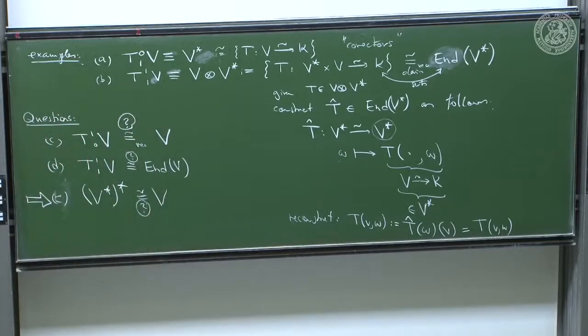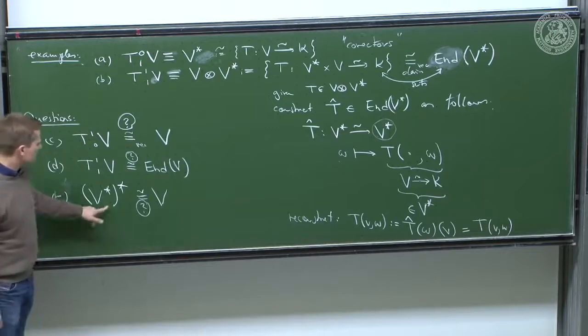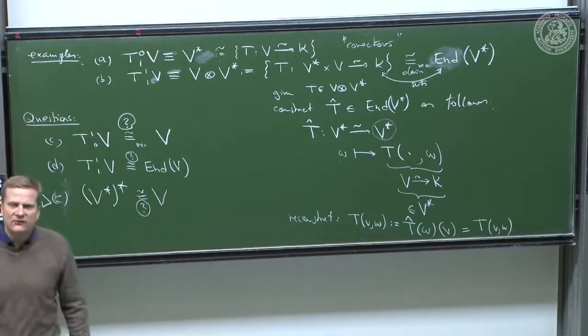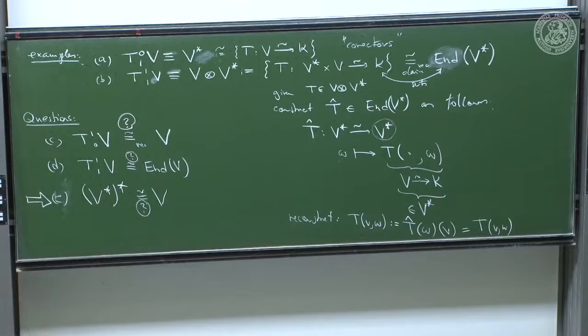And again, here the answer is no, that's not always true, but it is true if we have a finite dimensional vector space. And we're going to look into that in a second. Now, we haven't defined yet what the dimension of a vector space is, so that's something we need to do. And only if we have a notion of dimension, we can start restricting to the finite dimensional case.